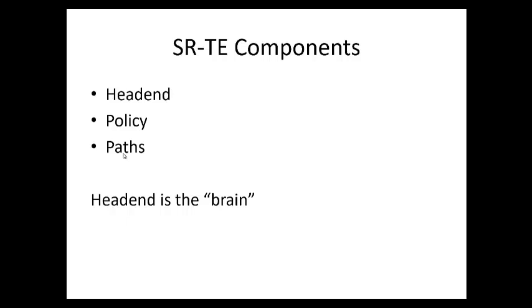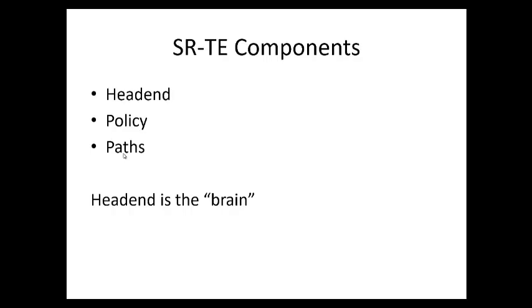So the head-end router is the brain, and our policy is to tell the brain to compute a path and put the path information into the packet.